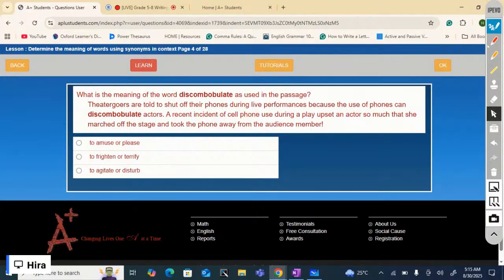Good. It's answer option number three, to agitate or disturb. Yes, correct.